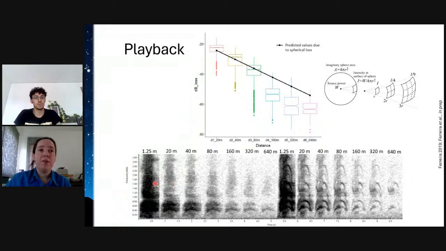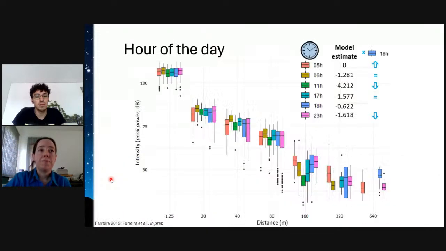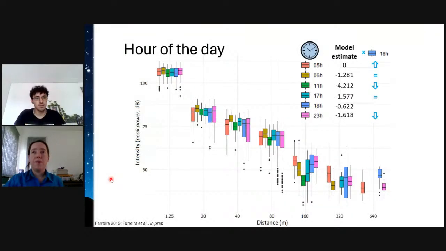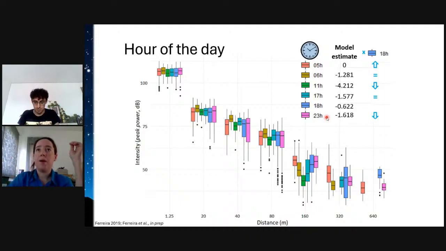So you have here an example of a spectrogram of a raw bark, and the same raw bark recorded at different distances, and you can see it degrades over distance. So is dusk a better time to vocalize? Here we have the data separated by the hours that we conducted the playback.